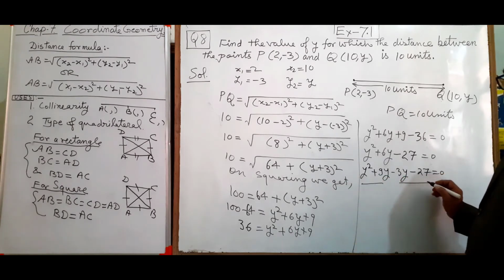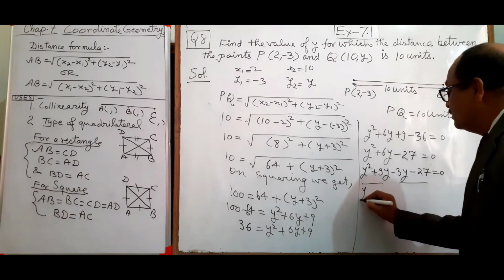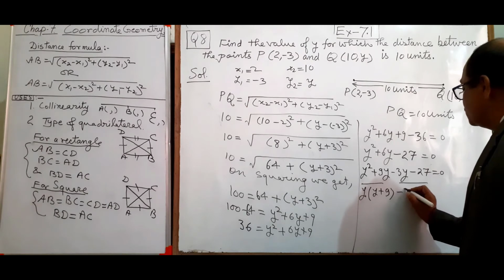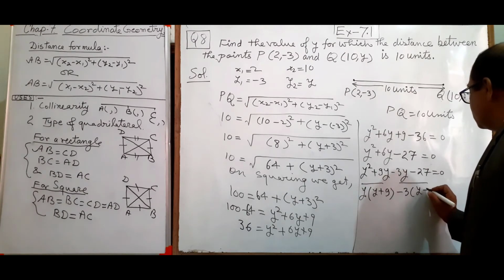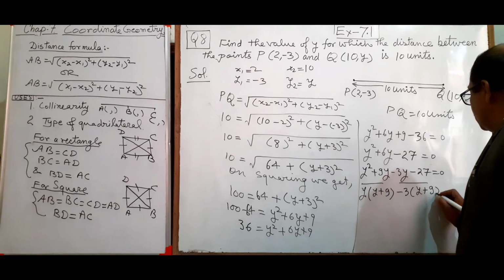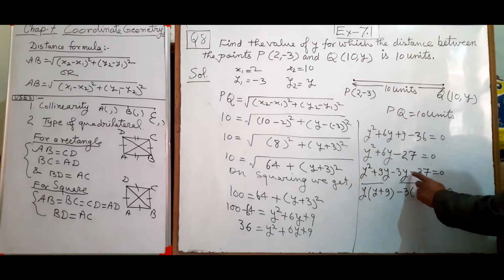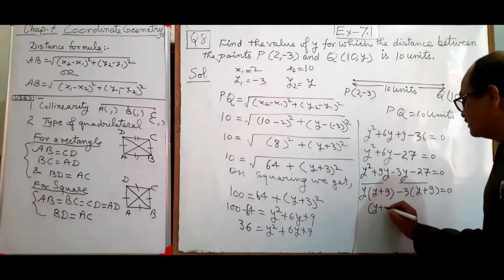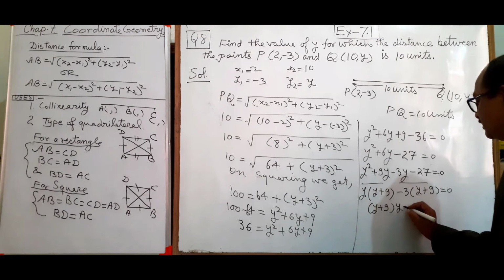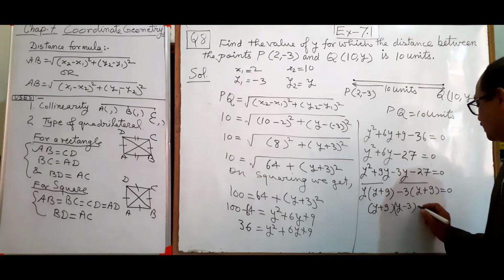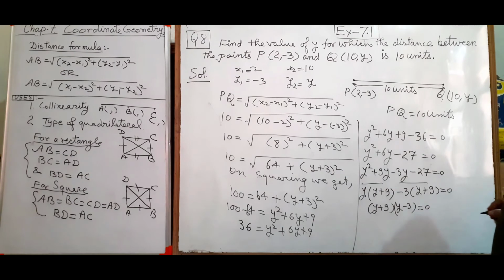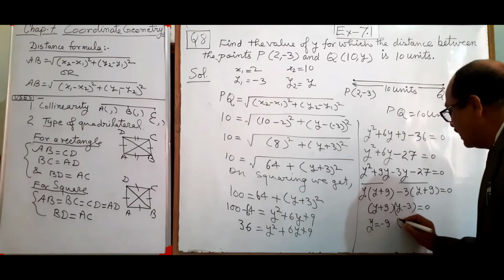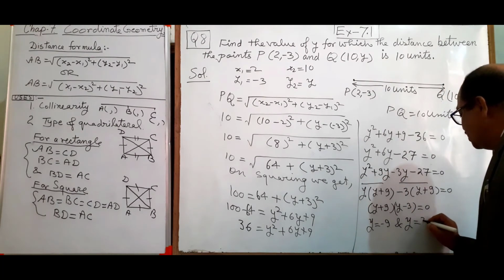So taking two terms together, y plus 9 and minus 3 taking common, taking minus as common, so here in bracket positive sign will be there: (y plus 9)(y minus 3) is equal to 0. You can see one value of y is minus 9 and one value of y is 3.